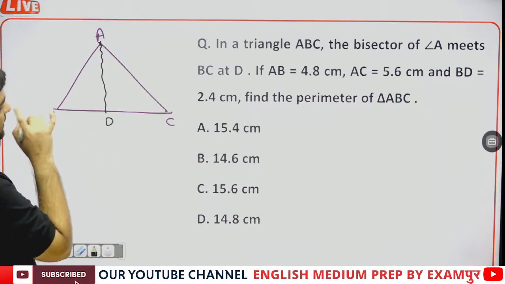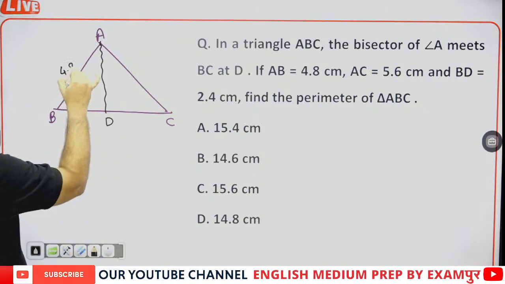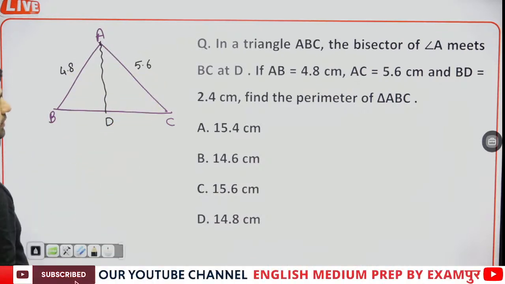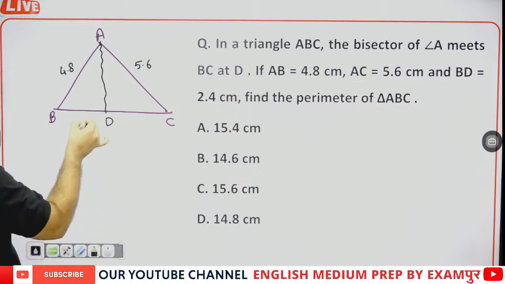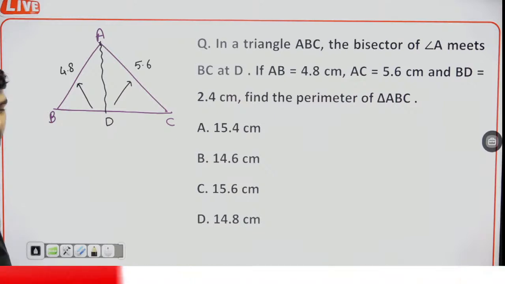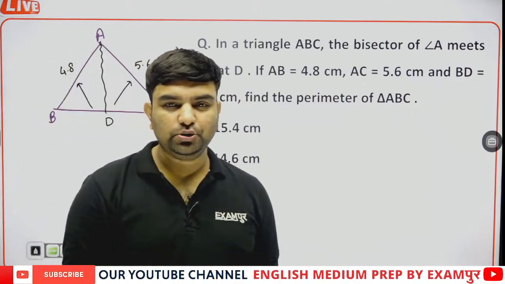So AB is 4.8, AC is 5.6. These two sides should be in the ratio of the adjacent sides.